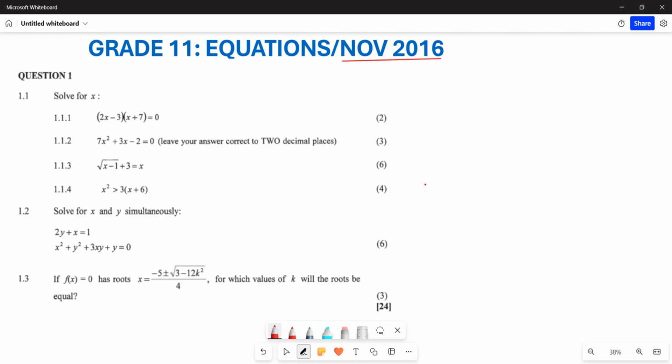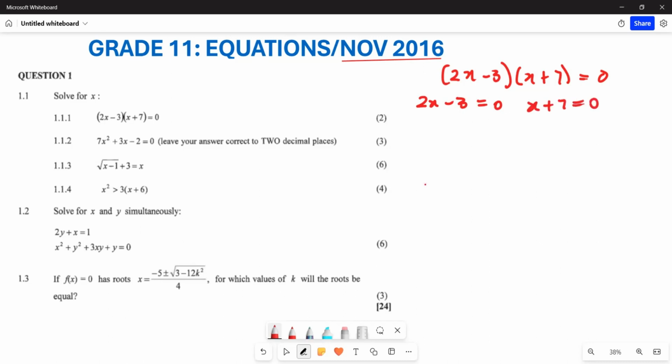Now, in 1.1, you are already given (2x - 3)(x + 7) = 0. Can you see that this is already given in factorized form? So the only thing you are going to do here is say 2x - 3 = 0 or x + 7 = 0.